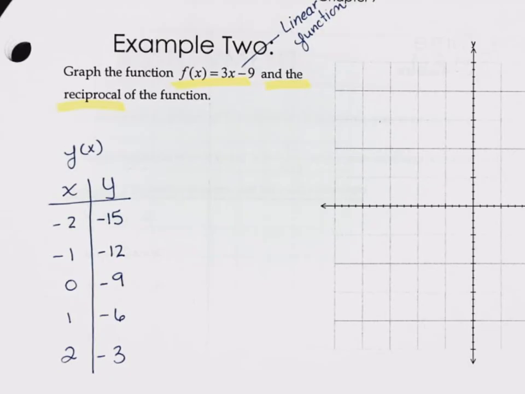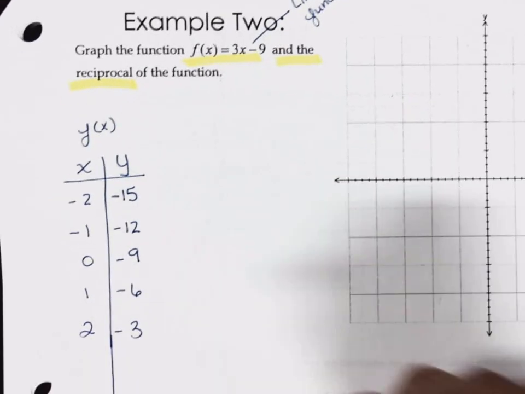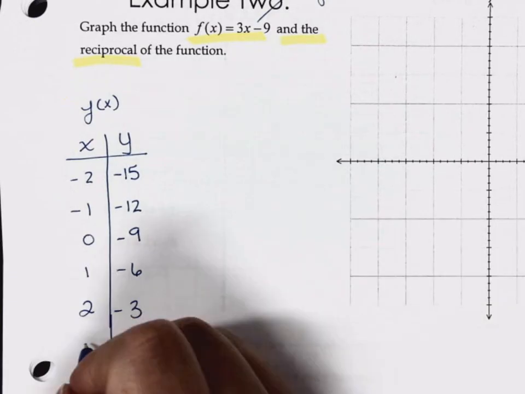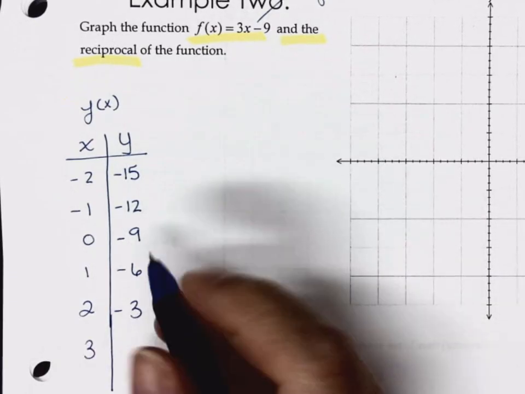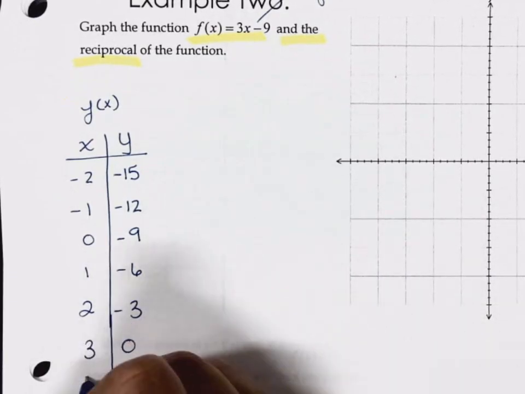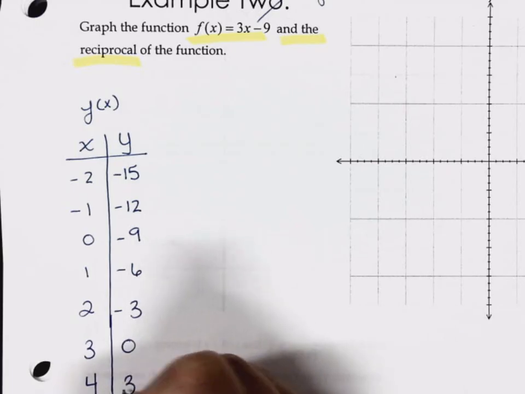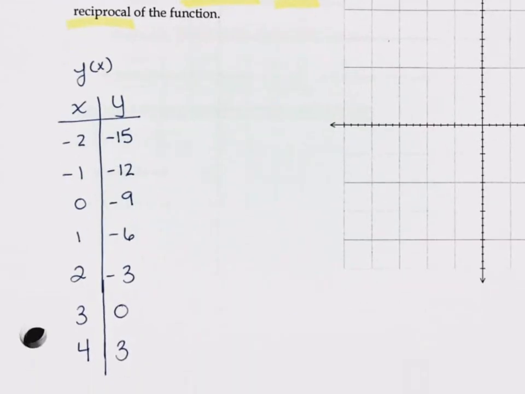Okay. What's the pattern here? I think we're adding by 3. So let's go one more on this side just so we can see it. Let's go one more because we can.